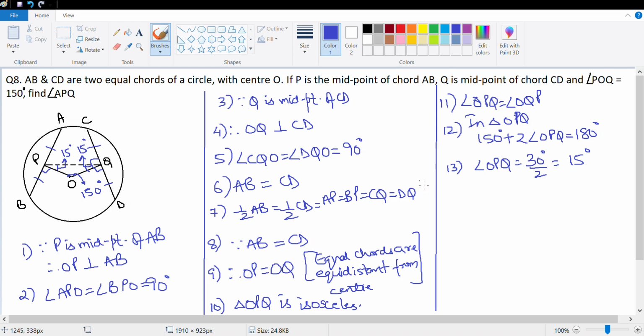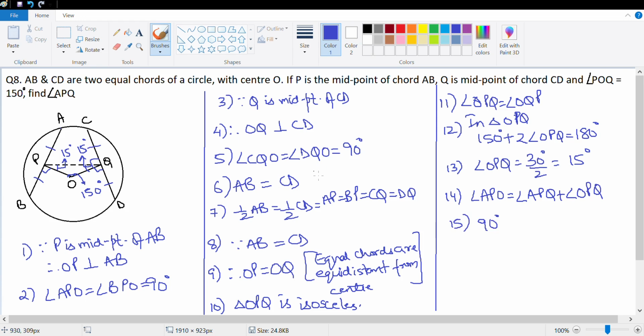Good, but what do we have to calculate? We need to calculate the angle APQ. Angle APO is equal to angle APQ plus angle OPQ. This is visible, so angle APO is 90 degree.